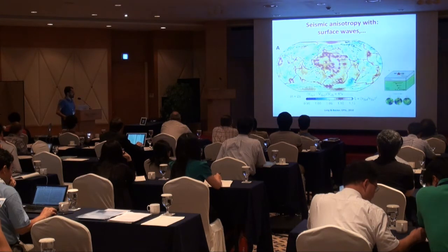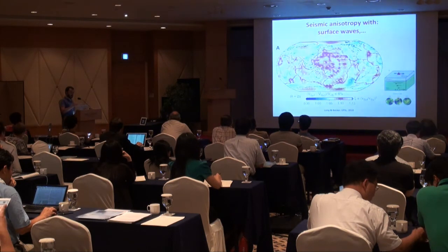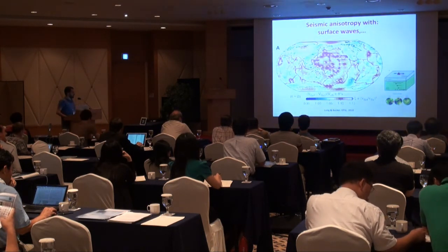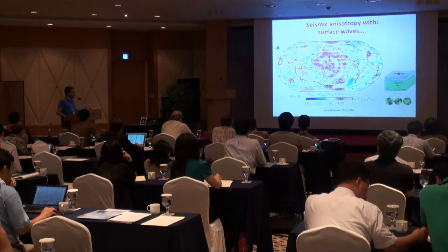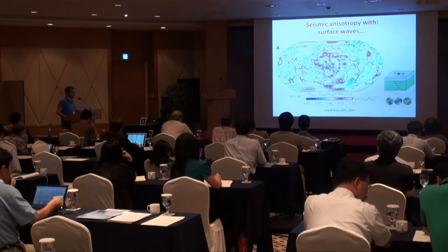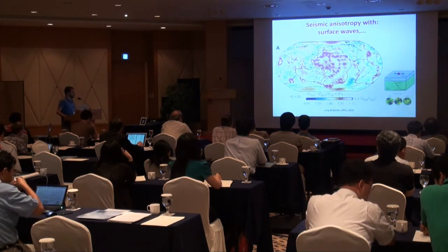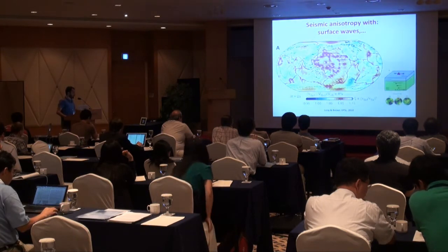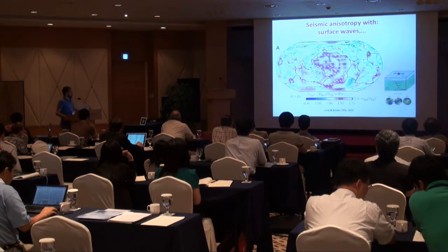I can also measure the azimuthal anisotropy, that is the variation of the Rayleigh wave velocity as a function of the azimuth. As you can see here, the fast Rayleigh wave is commonly oriented parallel to the plate motion, except, as we will see, at subduction zones where the flow is more complicated.